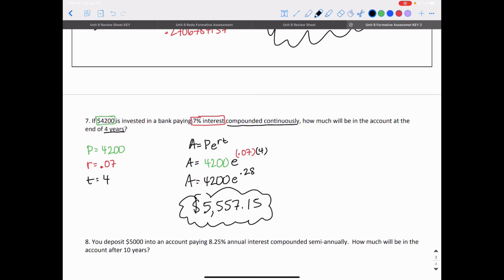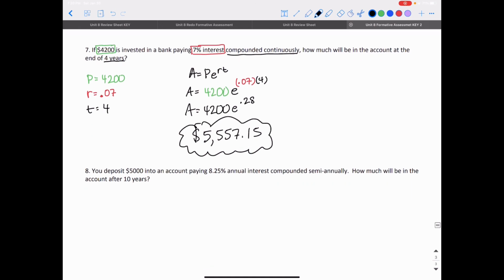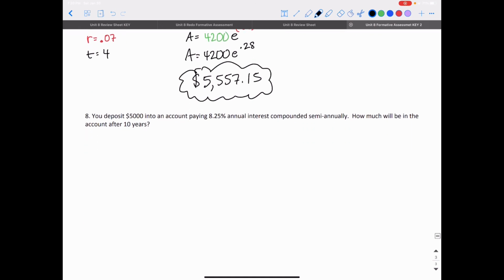For the last problem, I have you deposit $5,000 into an account paying 8.25% annual interest compounded semi-annually. This says compounded semi-annually, so I know I'm using a compound interest formula, and I'm using this one: A is equal to P times 1 plus R over N to the NT power, because it says it's compounded a specific number of times per year.